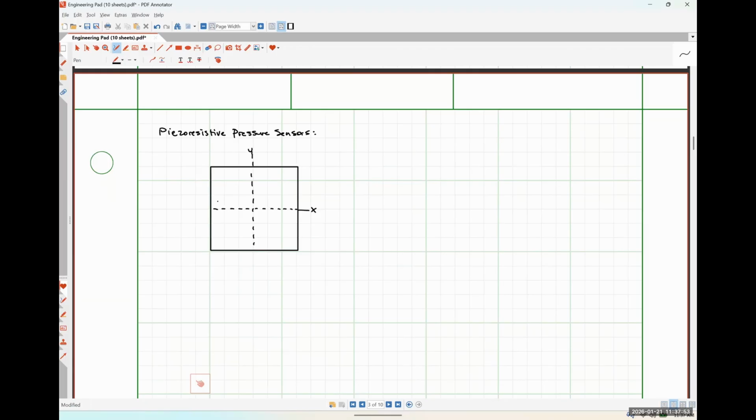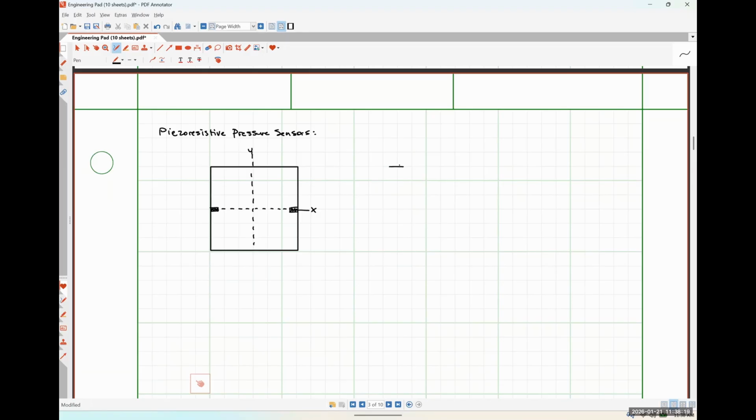And we might choose to put some piezo-resistive sensor, let's say here and here, right? So these are locations of maximum stress on this square membrane.